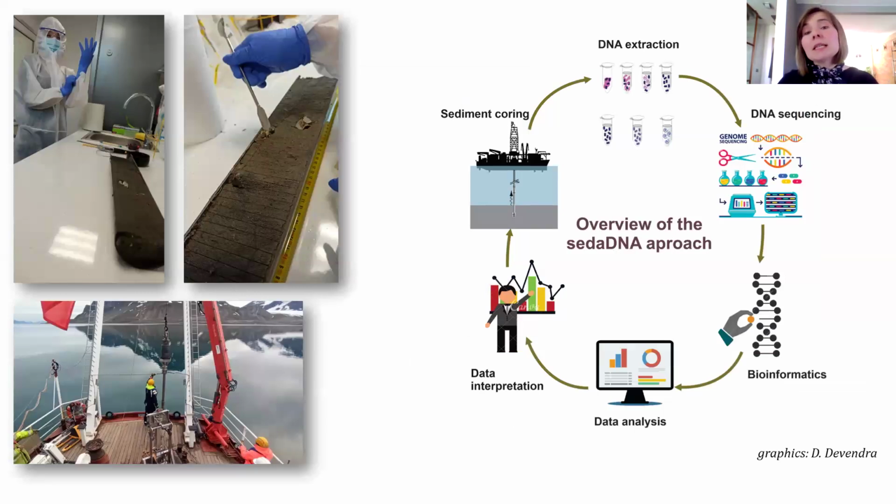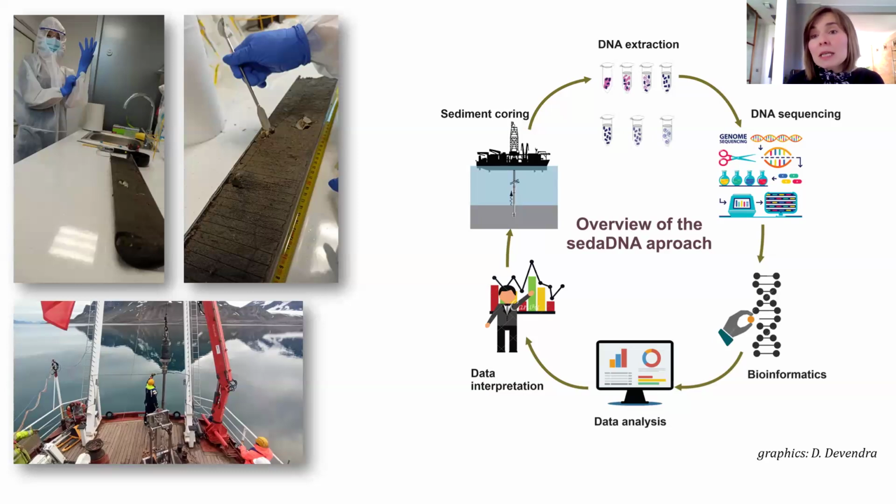So here you can see the overview of the approach of working with sedimentary ancient DNA. So the first step, of course, is sediment coring and obtaining our material, the sediment core. Another step is DNA extraction. So it means isolation of the DNA from the environmental samples. So at the final step, you have just pure DNA in the buffer solution.